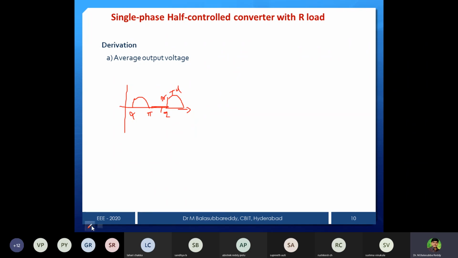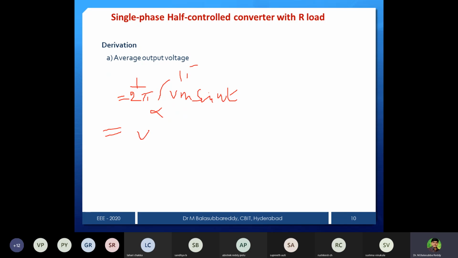And what is your integration? Now in one full cycle, how many pulses do we have? 1 pulse, so it is 1 by 2 pi. Limits are alpha to pi. Your output is Vm sine omega t. If we integrate that, then what will happen?